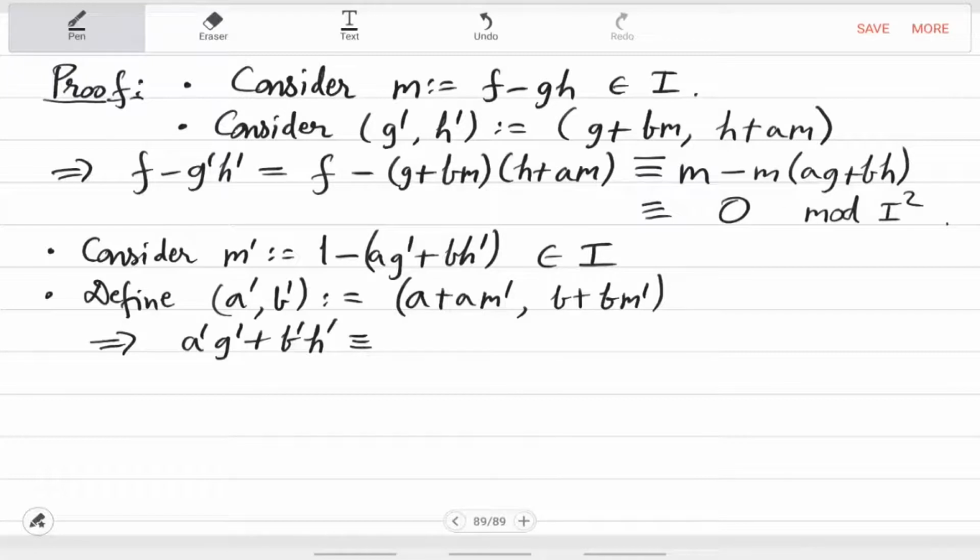So this is ag prime plus bh prime times 1 plus m prime.